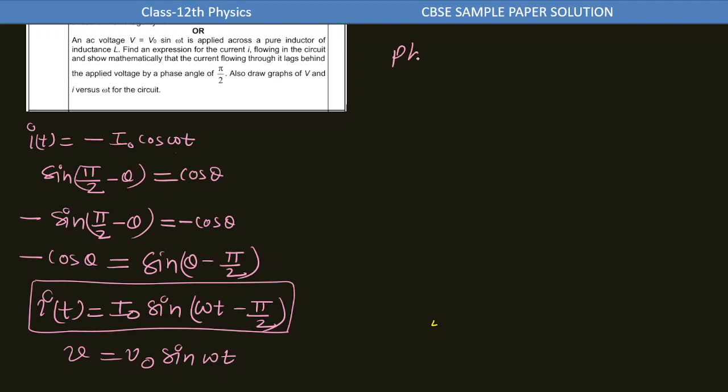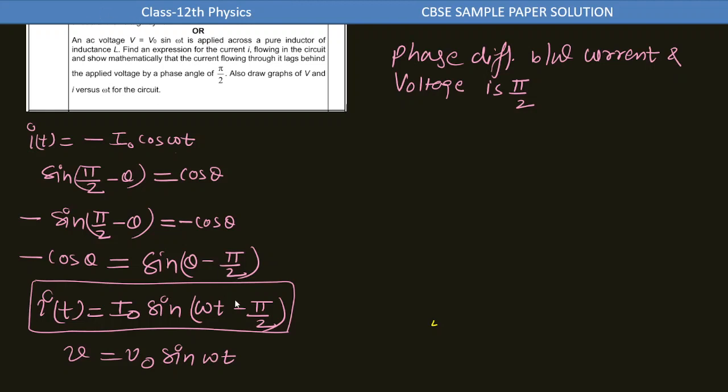So what is the phase difference between current and voltage? The phase difference between current and voltage is pi by 2, and this negative sign is showing that it is lagging.